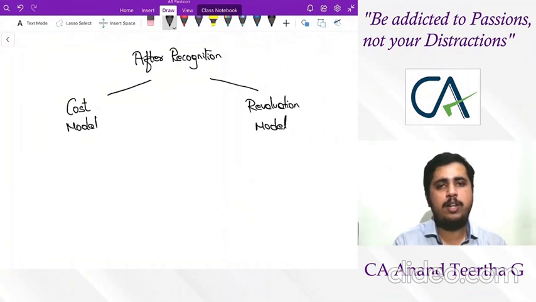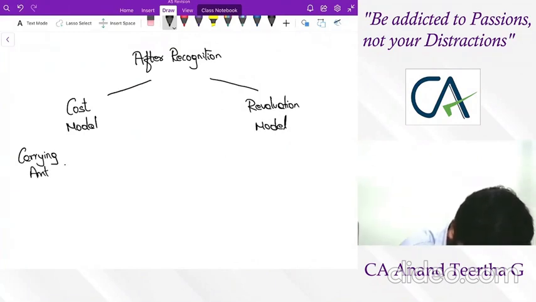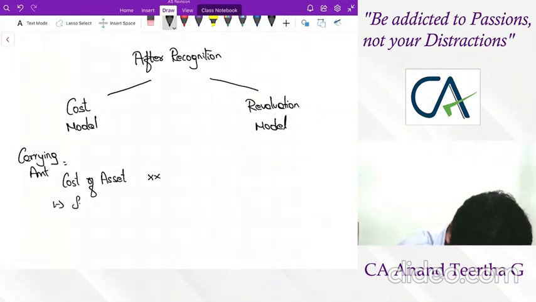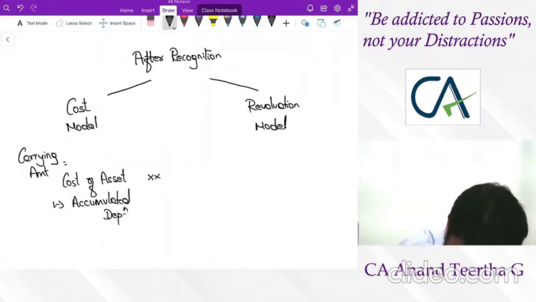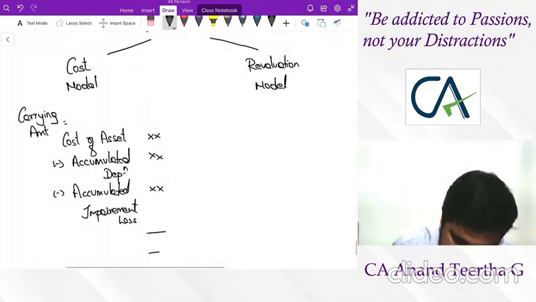The subsequent book value of the asset we call the carrying amount. So in the cost model, carrying amount is equal to the cost of the asset, according to the at-recognition principle, less accumulated depreciation, then less accumulated impairment loss. So finally what you get is the carrying amount.